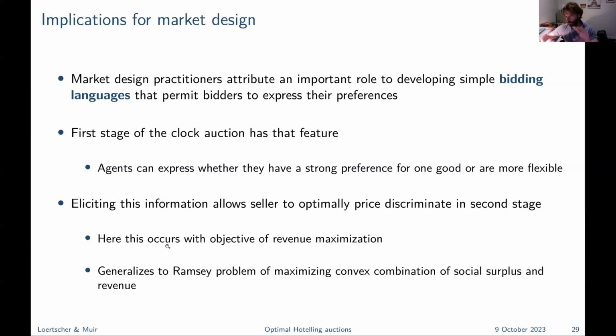Here, this occurs with the pure objective of profit maximization. That's what we analyze, but you can show that the general insight generalizes to any Ramsey problem where you maximize a convex combination of social surplus and revenue. So unless your weight on revenue is zero, you're always going to have these lotteries for these kinds of problems.